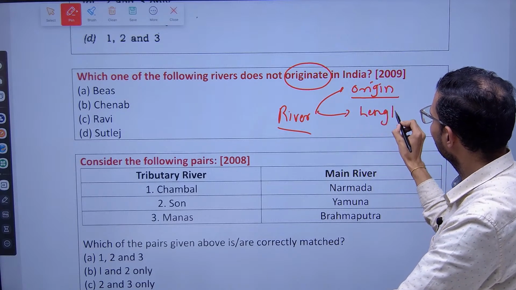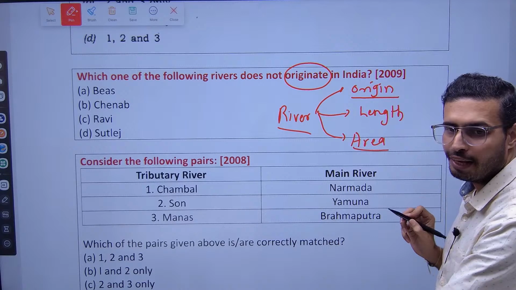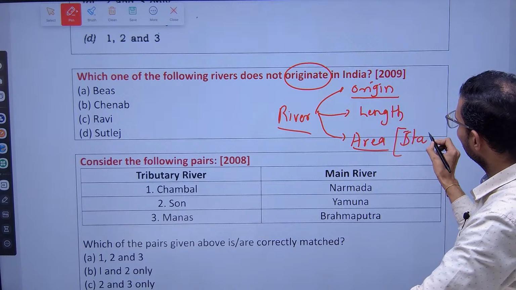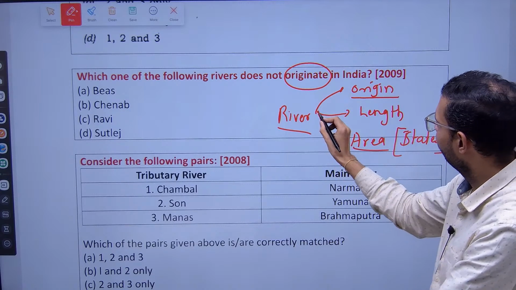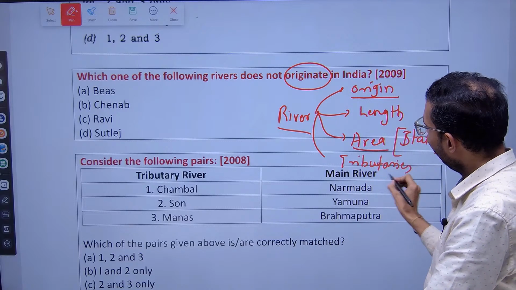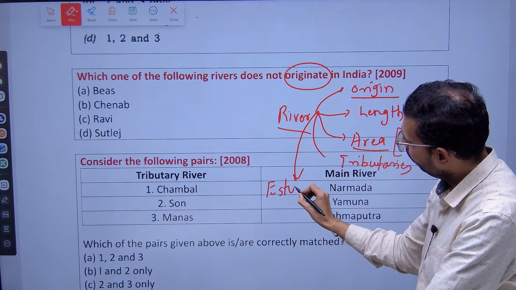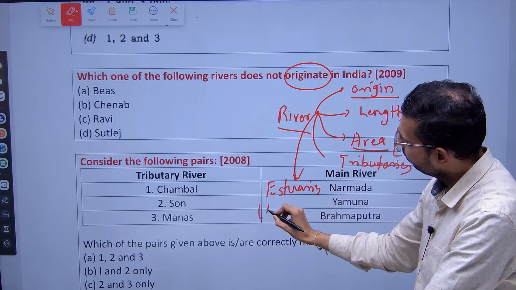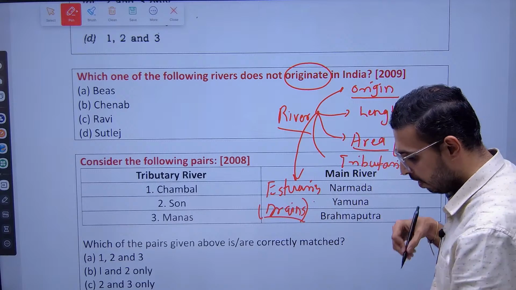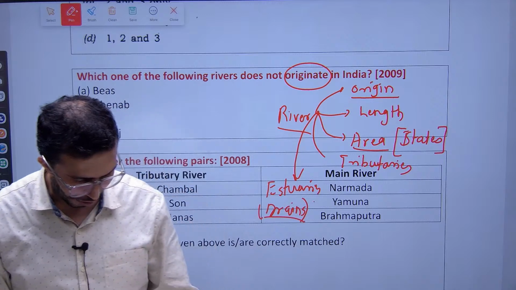Then the area of the river basin, along with the states through which it passes. Then the tributaries, and where it drains its water, like the estuary. Yes, this is how we should approach it.